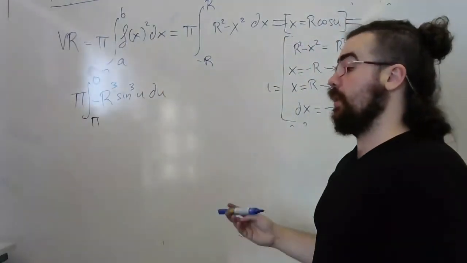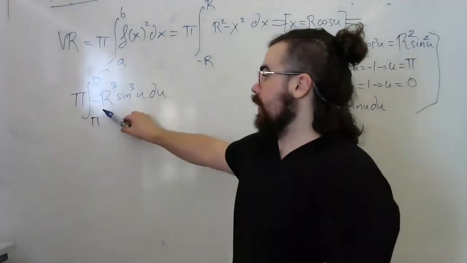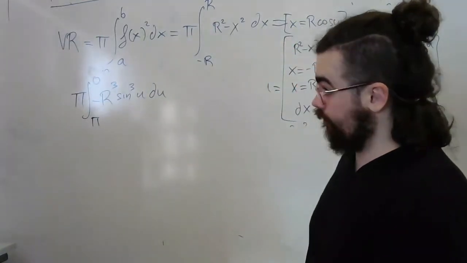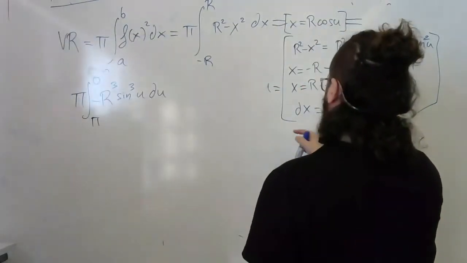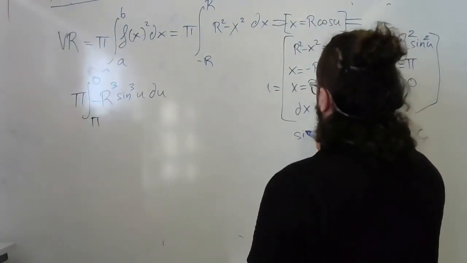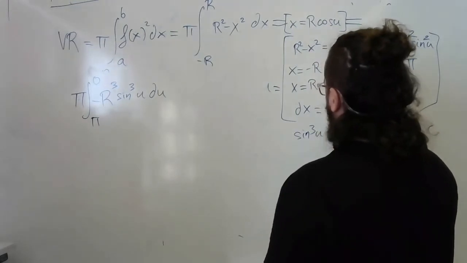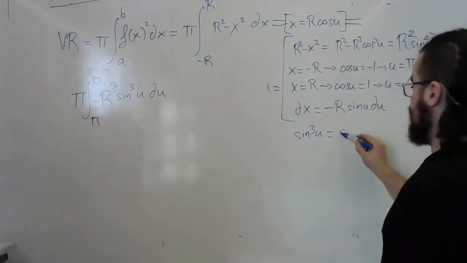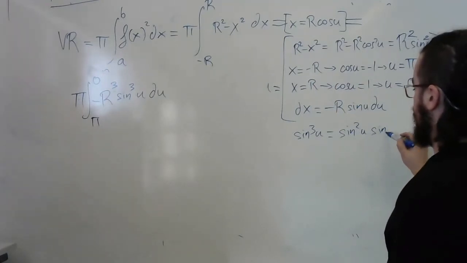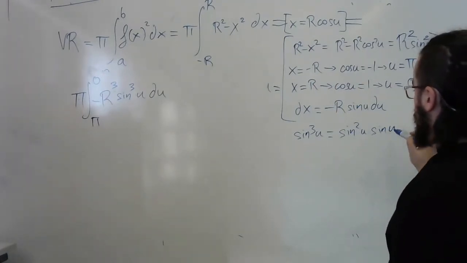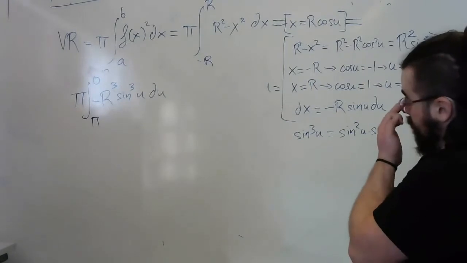What was the difficulty we were finding out there? No, r cube. Problems. So now, sine cube of u is sine square of u times sine of u, which is fair enough.